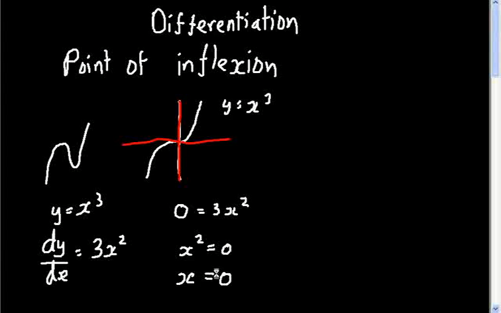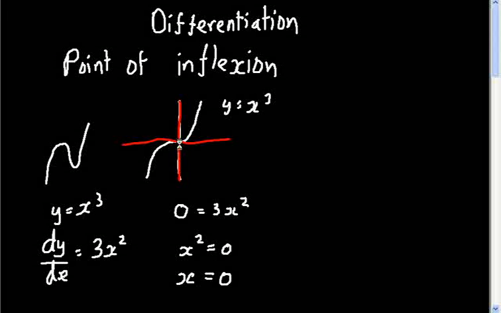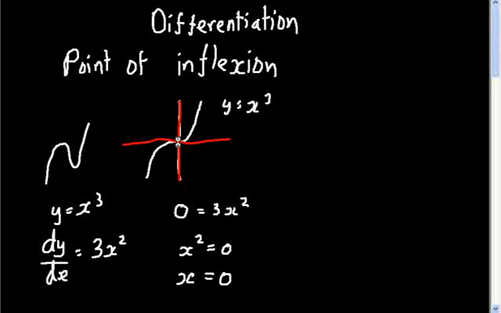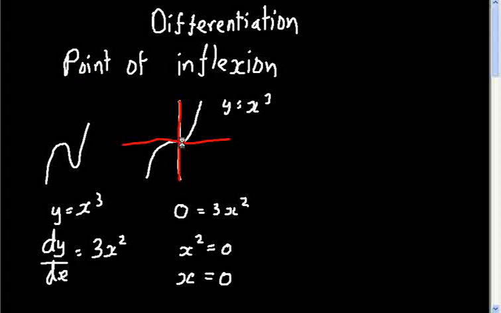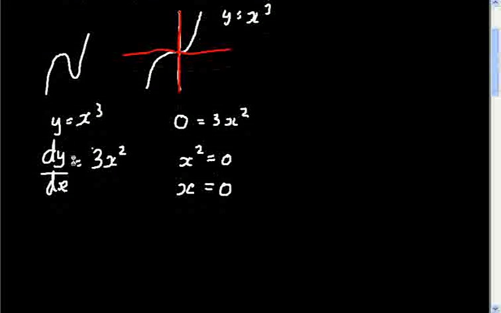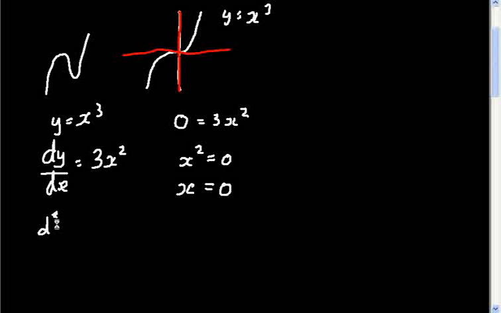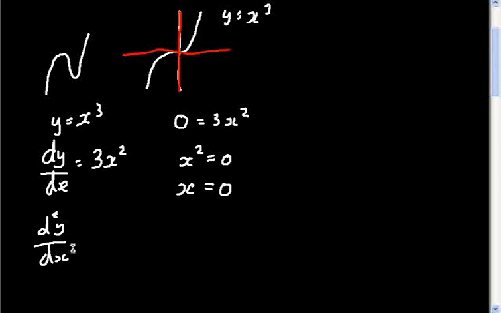Okay, so you've learned about the maximum, the minimum. Now this one doesn't look like a maximum nor a minimum. So this is called a point of inflection. But how would you prove that this is a point of inflection using the second derivative? If I were to work out the second derivative of this, which would be d squared y over dx squared, which would be 6x.